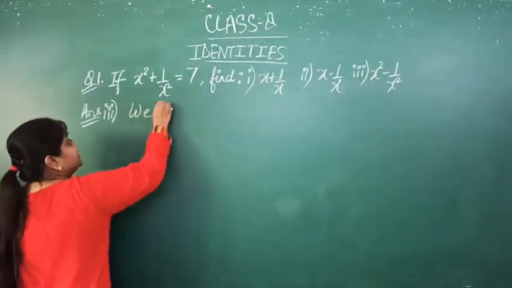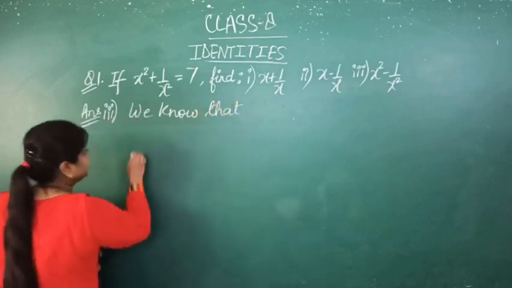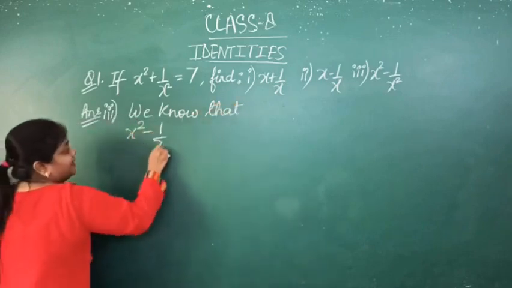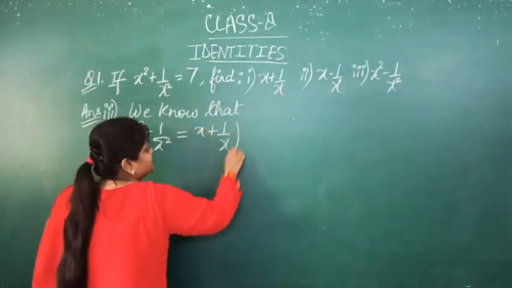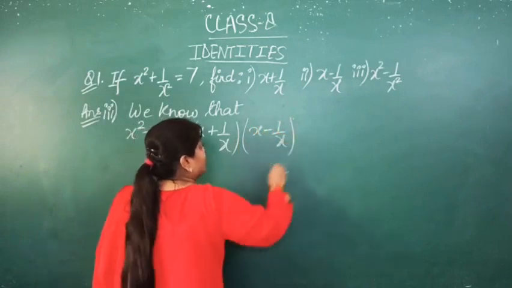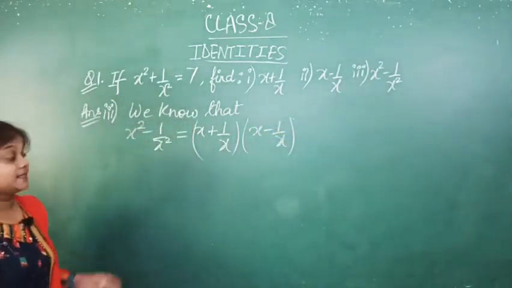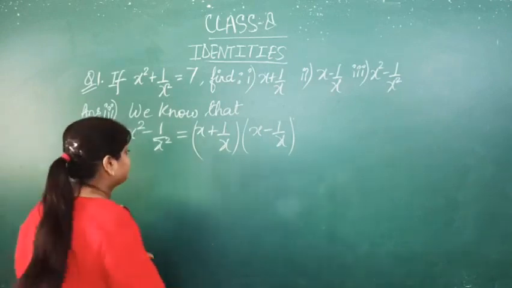We know that x square minus 1 upon x square is equal to x plus 1 upon x and x minus 1 upon x. Using our first identity, we can write it in this form.